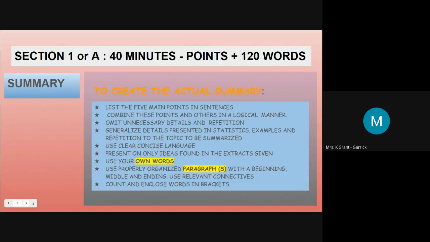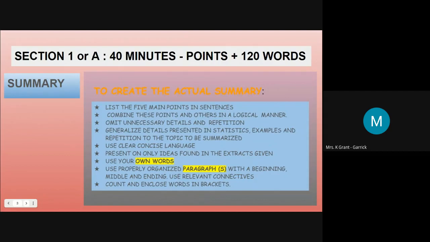Now, the paper will begin with section 1 or A. In this section, you're expected to spend only 40 minutes. And you have to ensure that you list 5 main points, combine these points, as well as others, in a logical manner, where you're going to omit unnecessary details and repeated ideas, and you're going to be generalizing details presented in statistics, examples, and repetition to the topic to be summarized.